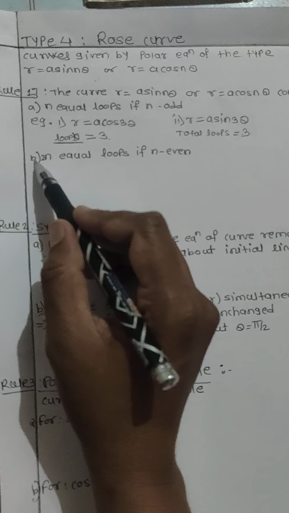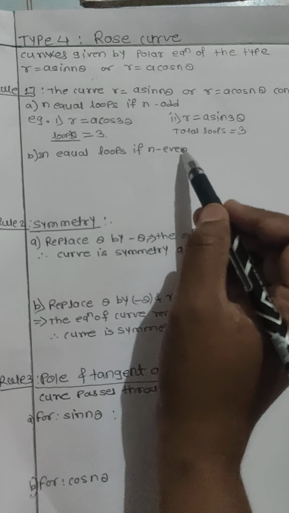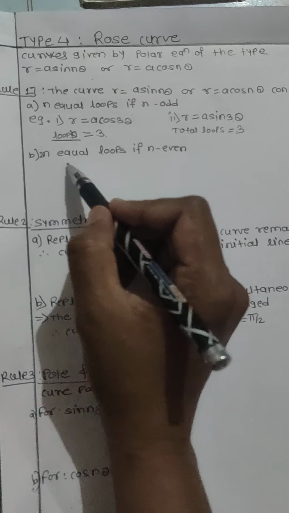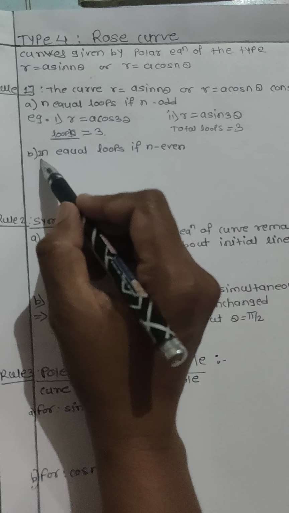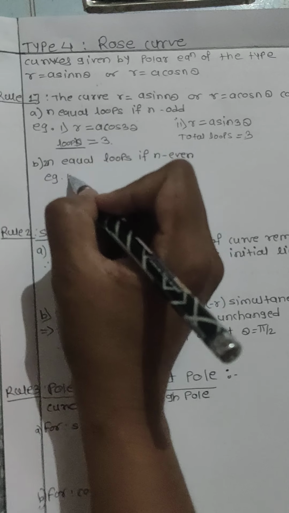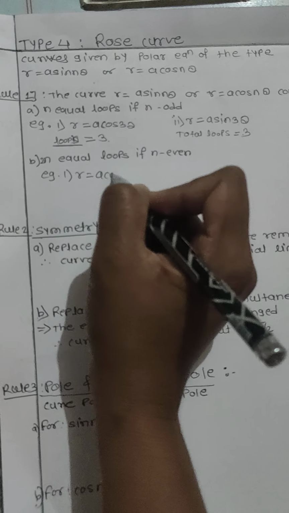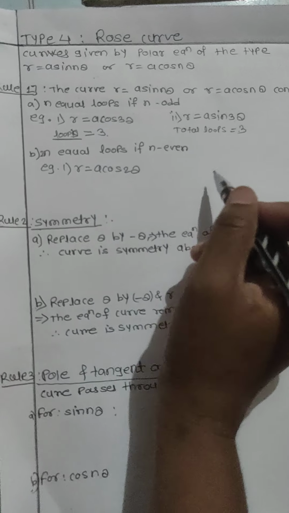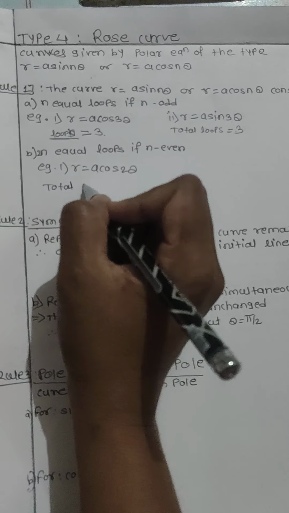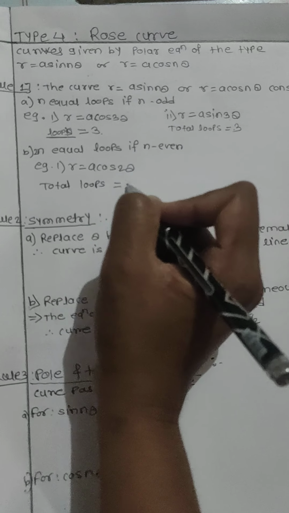See the second case. If the value of n is even in the given equation, then we write the total number of loops equal to 2n. See the example: suppose we take r equal to a cos 2 theta or r equal to a sin 2 theta. Total loops for this curve equal 2n.